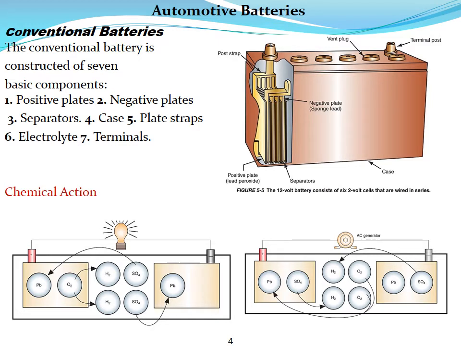While this is occurring, oxygen O2 in the active material of the positive plate joins with the hydrogen H2 from the electrolyte, forming water. This water dilutes the acid concentration.